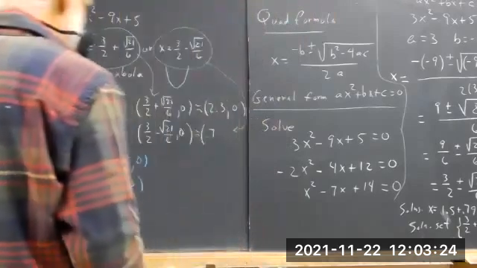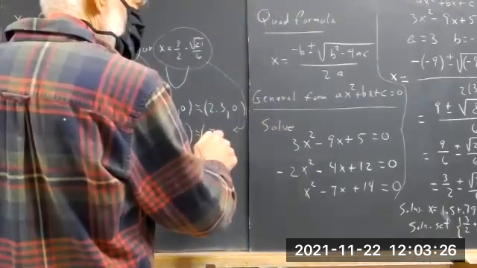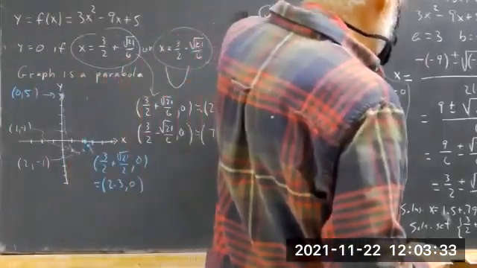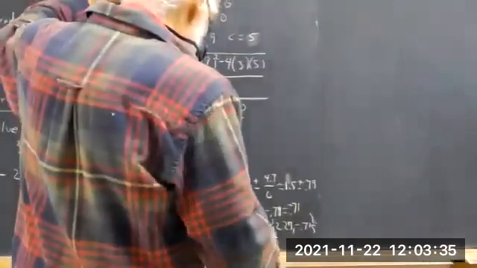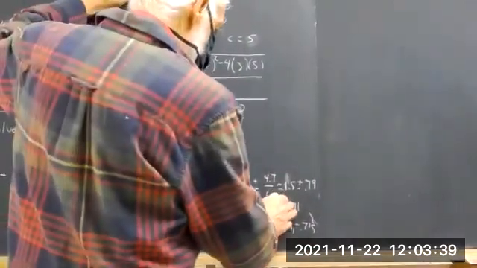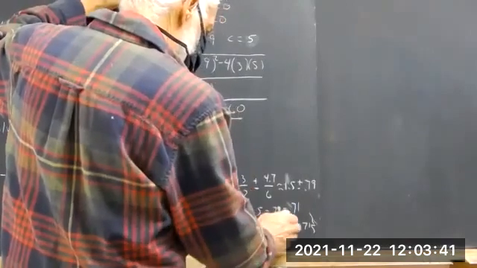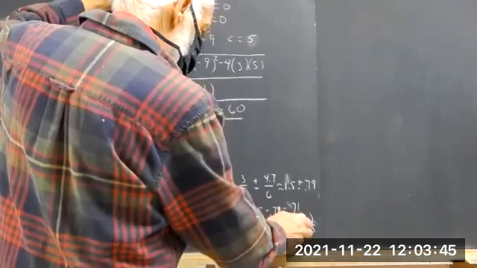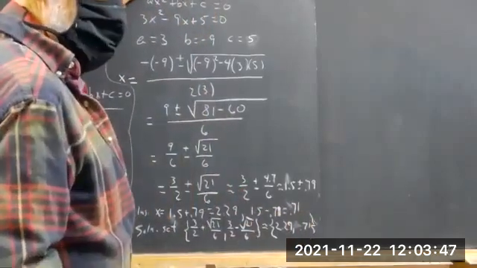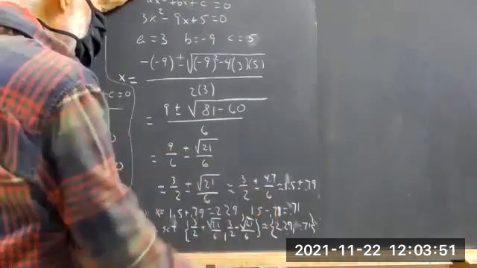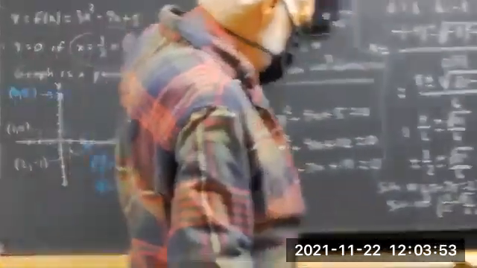No, 1.5 minus 0.79 is 0.7. Okay, I did mess up on this solution. 1.5 minus 0.79 is not negative 0.71, it's 0.71. We should not have had a negative on the 0.71. So that part of the solution, that estimate, was wrong.